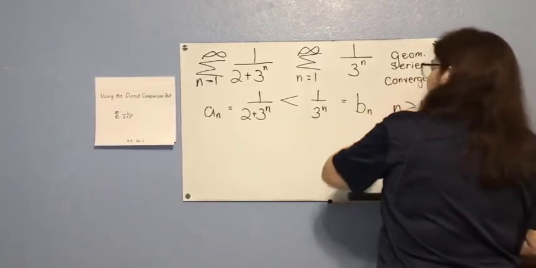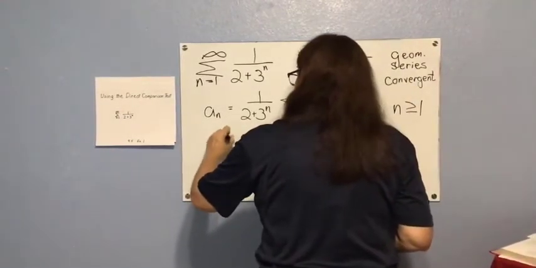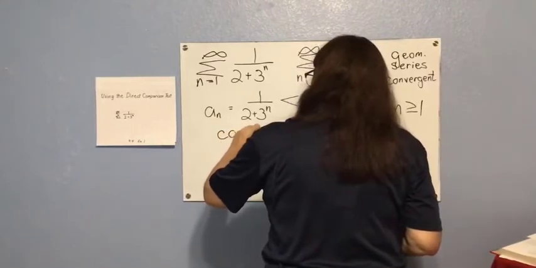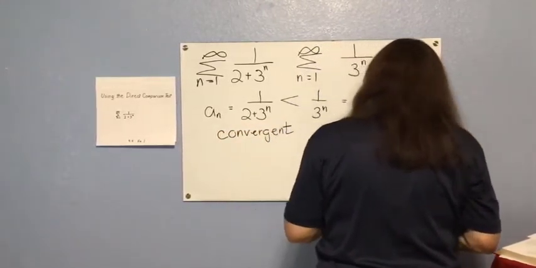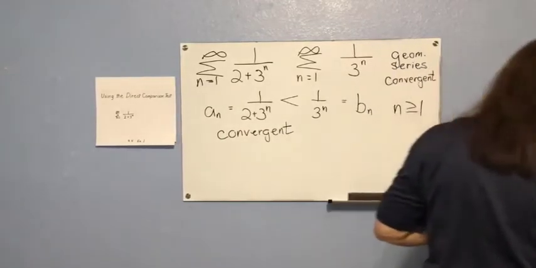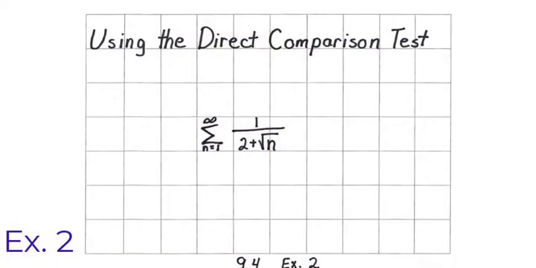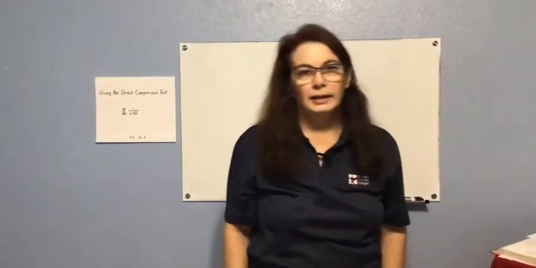So if this is convergent, this must also be convergent. Let's look at another example of using the direct comparison test.